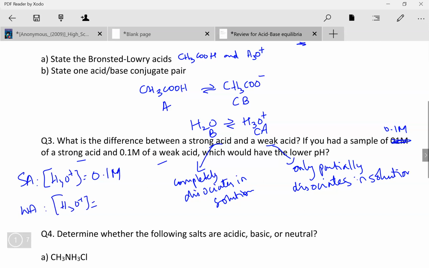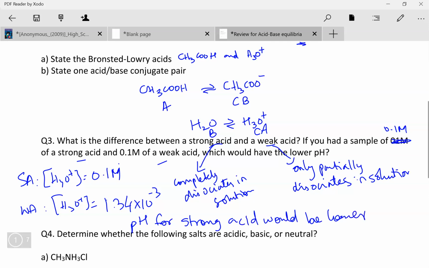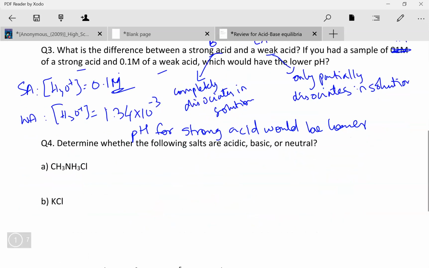It would probably be somewhere around, I'm just putting out a number here, 1.34 times 10 to the negative 3. This is for 0.1 molar acetic acid, right? So our pH for this strong acid would be lower because it has a higher H plus concentration.